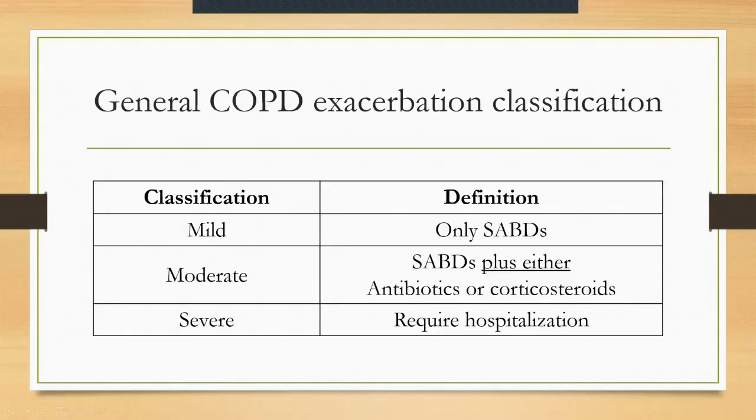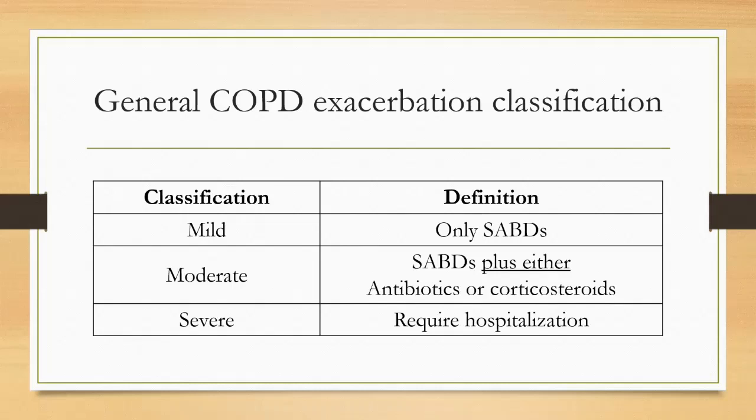General COPD exacerbation classifications: mild, you would only want to use a short-acting bronchodilator. For moderate, you'd want to use a short-acting bronchodilator plus either an antibiotic or corticosteroid.